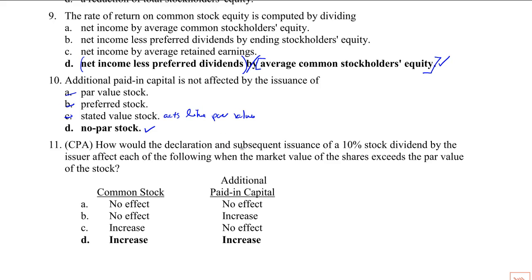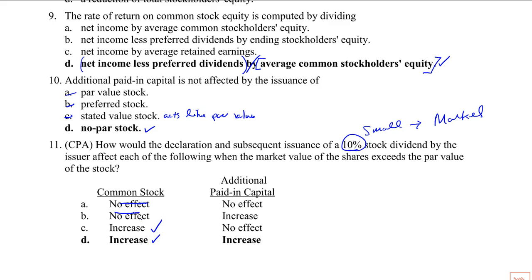How would the declaration and subsequent issuance of a 10% stock dividend, this is small, at market, by the issuer affect each of the following when the market value of shares exceeds the par value? Well, if you have any stock dividend, it's going to increase common stock.